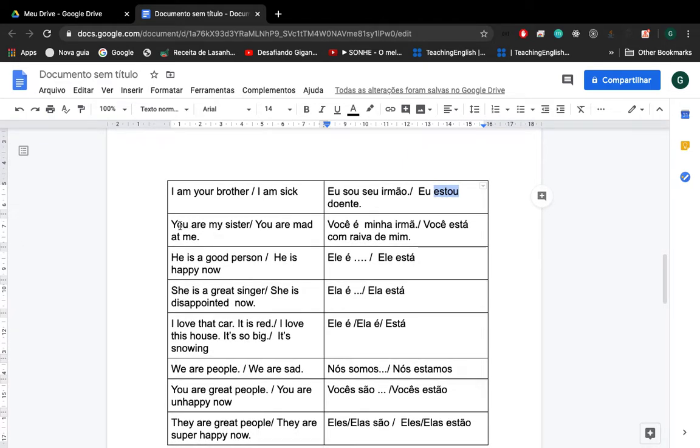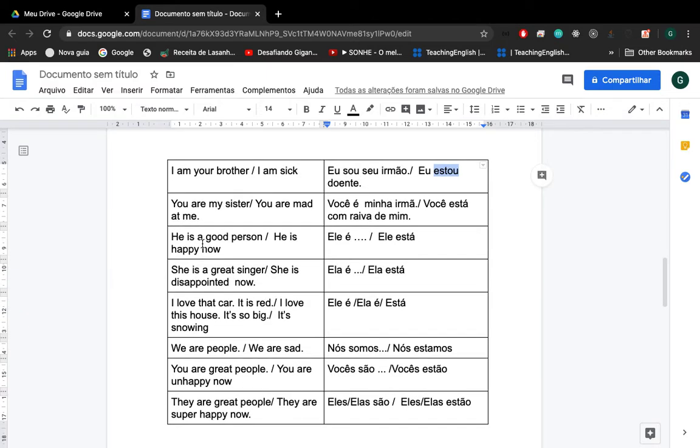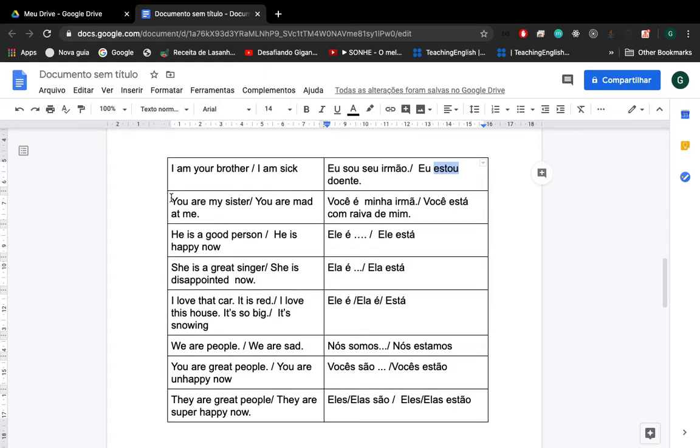Okay, with the pronoun you again. If I say you are my sister, you're always going to be my sister, and that's not going to change even if you die. It's the same context as above. So you are, você é.